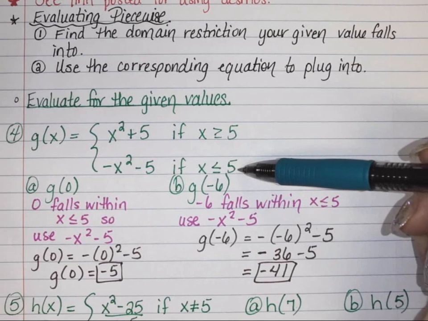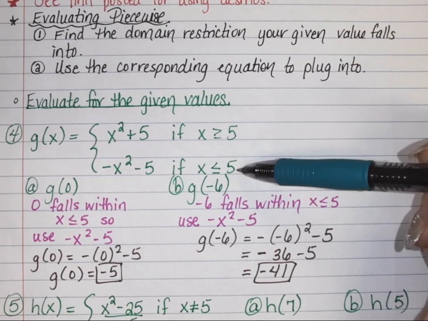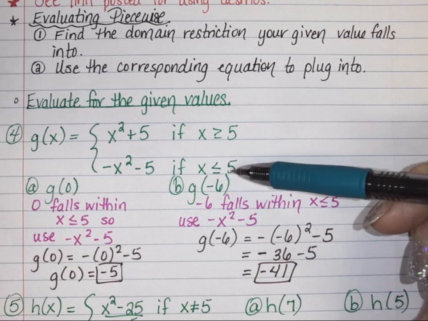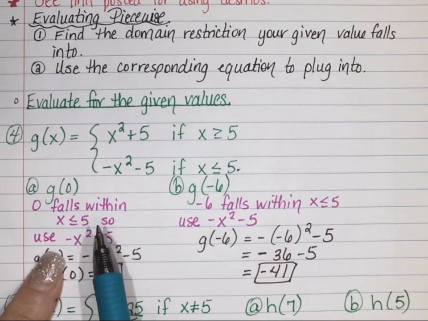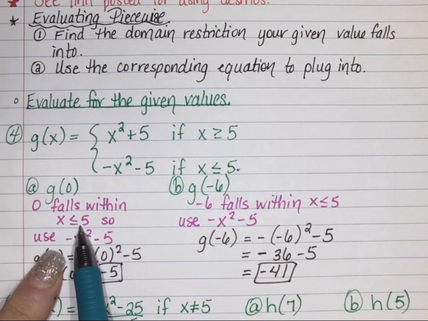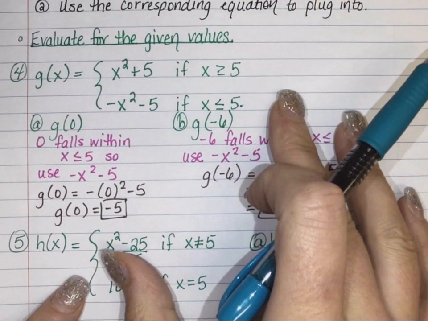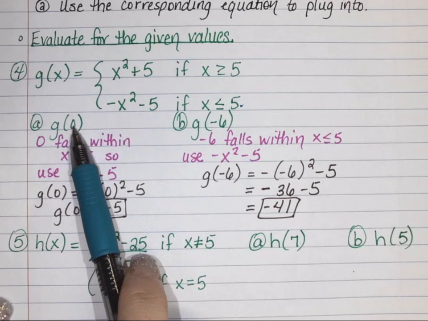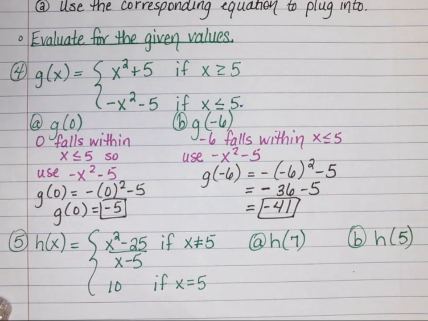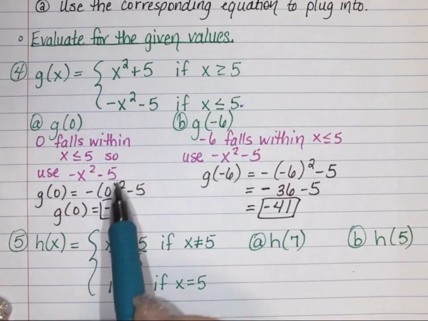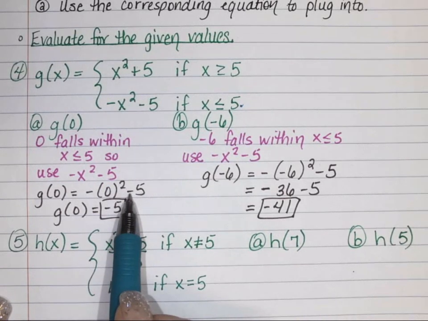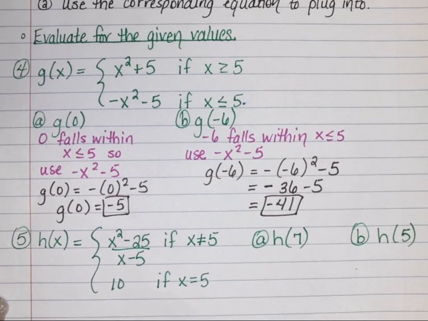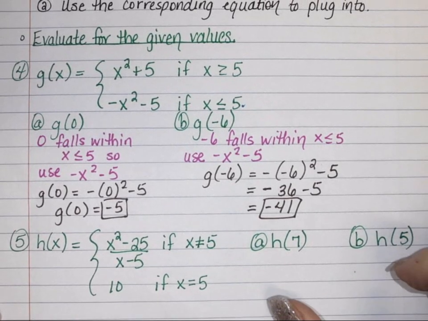Which domain does that fall into? 0 is definitely less than or equal to 5. So 0 falls within that restriction. So we're going to use this bottom equation to evaluate g of 0. So I take this and I simply plug in 0 and I get -5. And that's your answer.